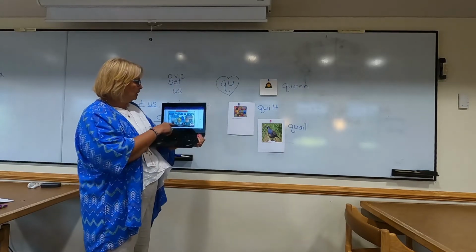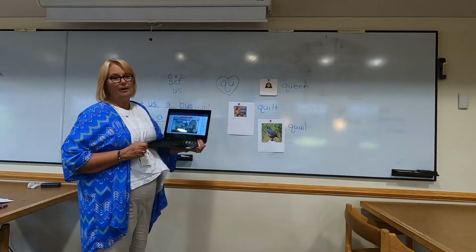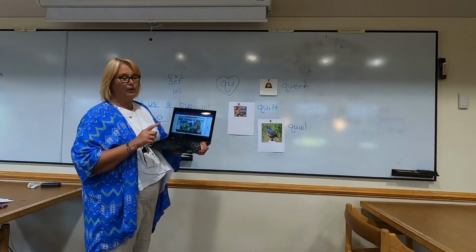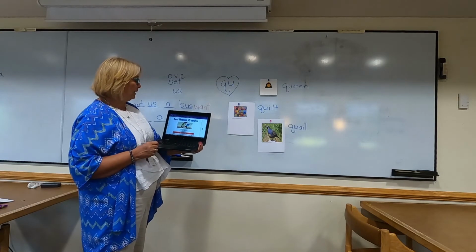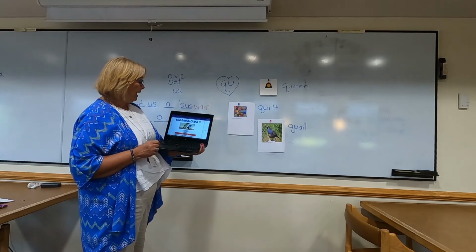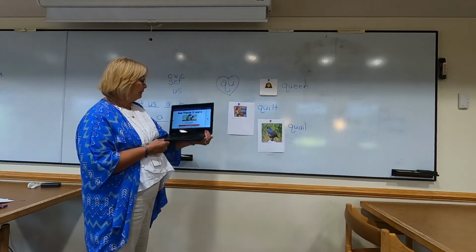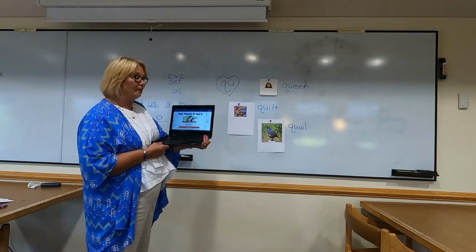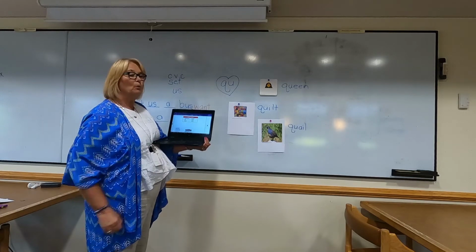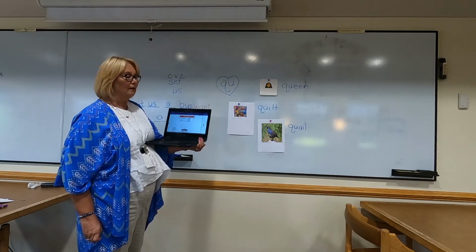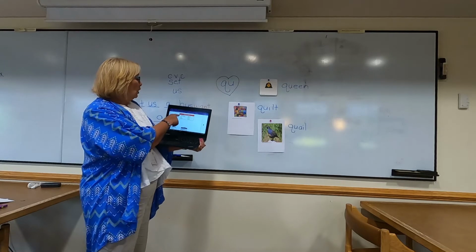Best Friends Q and U. Remember, Q never, ever, ever goes anywhere without her best friend U. Best Friends Q and U by Karen Mockler and illustrated by Jeff Ebeler. I think we've read a book by them before. Here are some words we need to know to read our story today.